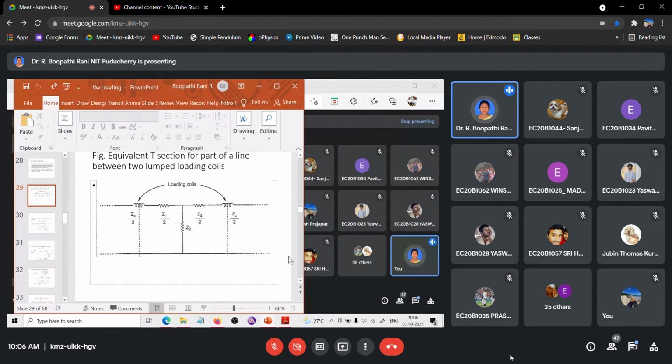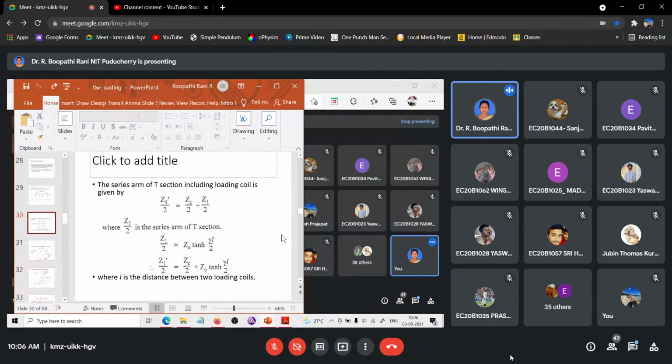We are including the inductance. That coil inductance is ZC. To analyze it using a symmetric T section, on either side we are taking ZC by 2 as the inductance.